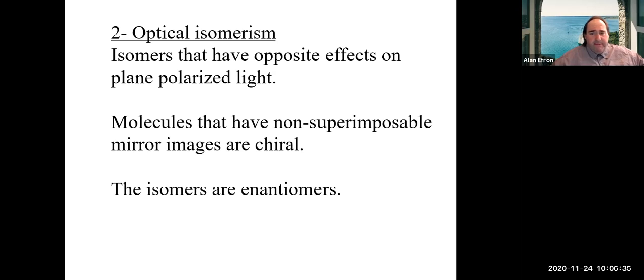What that means, as it sounds, is if you took the molecule and put it up to a mirror, and pulled out that mirror image, you would not be able to superimpose that mirror image perfectly on the original one.